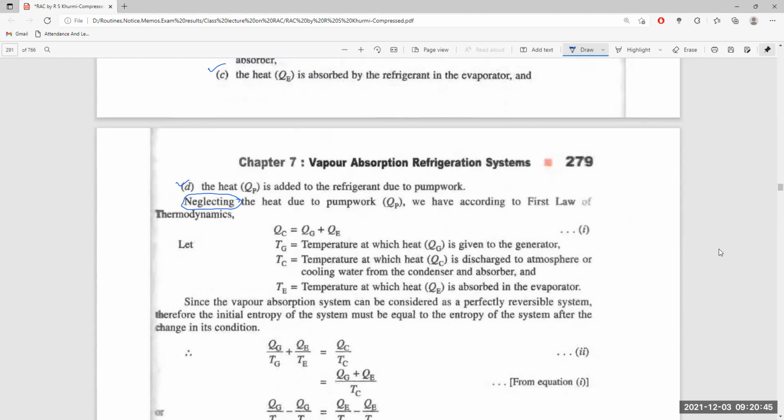So QC will be QG plus QE, where QC is the heat released from the condenser, QG is the heat applied to the generator, plus QE, the heat absorbed during evaporation. So the released heat is equal to the heat absorbed in the generator plus the heat absorbed in the evaporator.